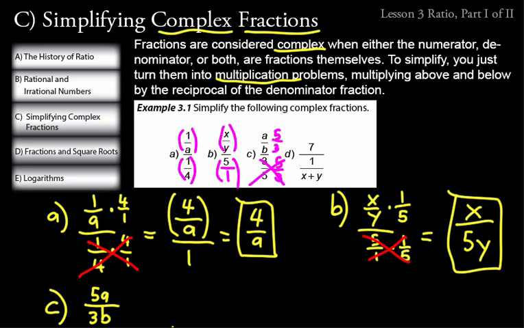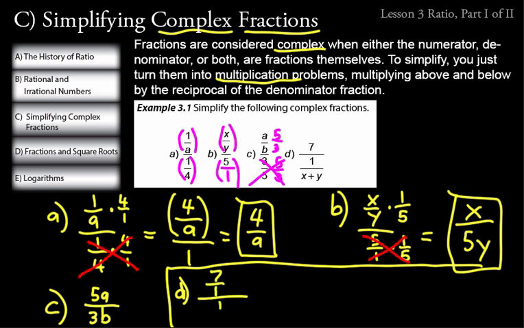Looking at D, kind of separate an area off to do D in. 7, we need to make that a 7 over 1. See, that fraction bar is a little bit bigger. It's the 1 over x plus y is the denominator fraction. So we say 7 over 1 over 1 over x plus y.